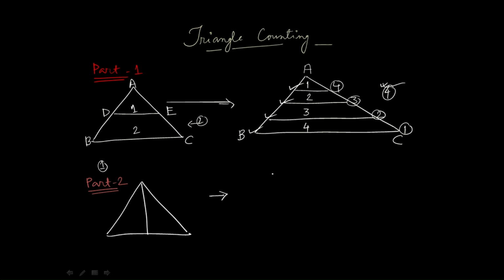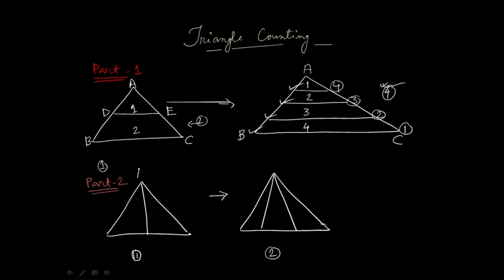Then you will tell me how many triangles are there in this figure. This is figure number 1 and this is figure number 2. So how many triangles are there in this first figure?